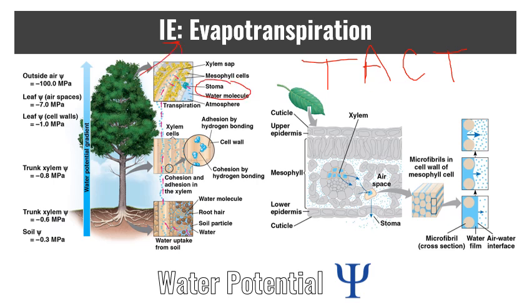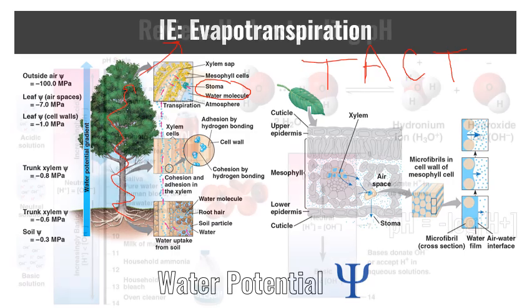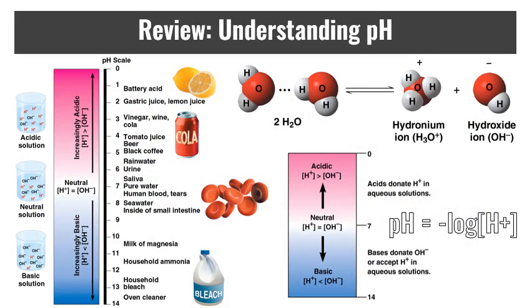Then you're going to have adhesion and cohesion, water sticking to water and water sticking to other things, pulling it up like a great big straw with the suction power coming from evaporation at the leaf. Plants don't have a heart or a pump to pull these through, so this evapotranspiration drives a lot of the plant's biological processes.